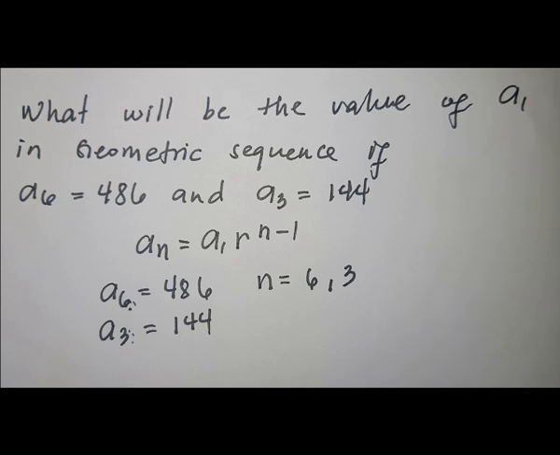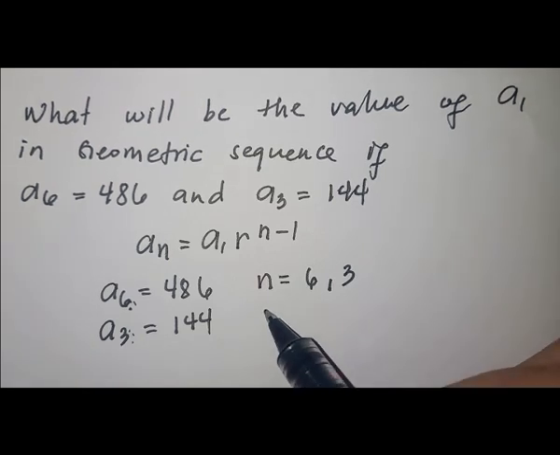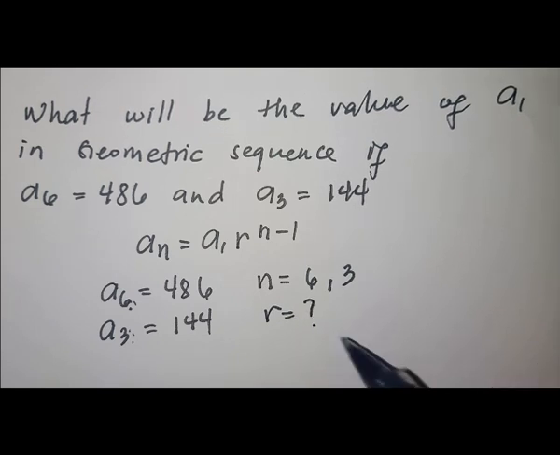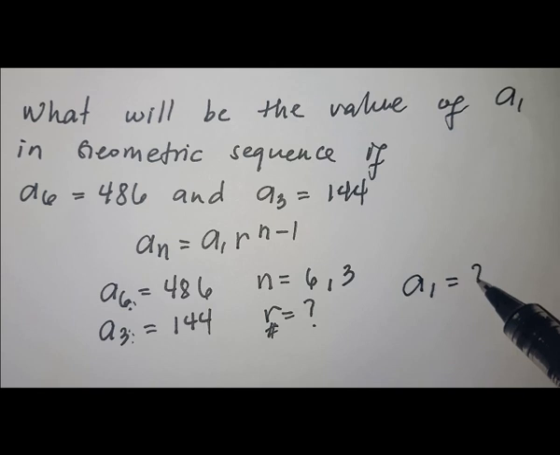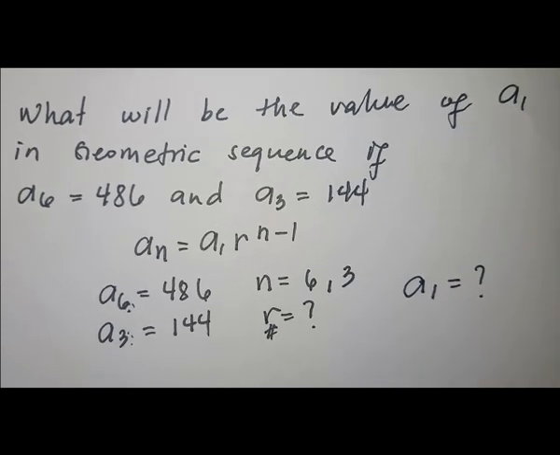Hindi naman din natin mahanap ang a sub 1 kung wala tayong common ratio. Okay, so sa ganitong klase ng problem, kailangan malaman kaagad natin ano yung value ng common ratio. Okay, then, pag nakuha natin yung common ratio, saka lang natin makukuha yung value ng first term.